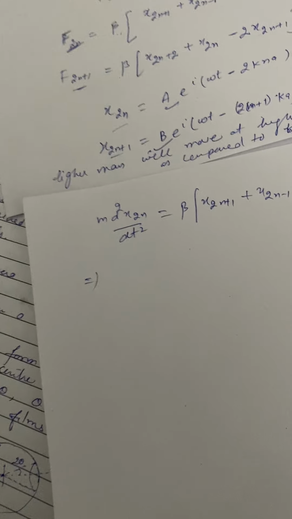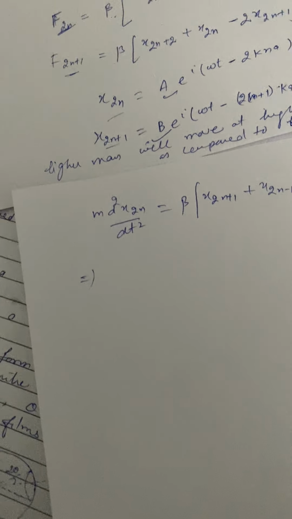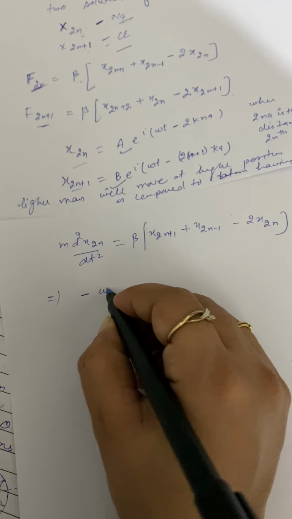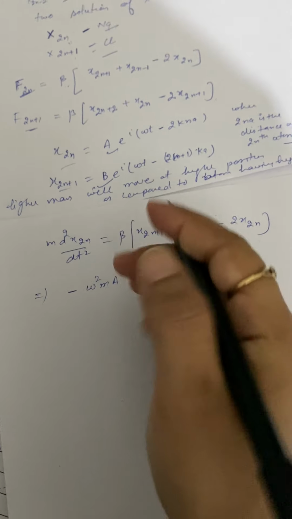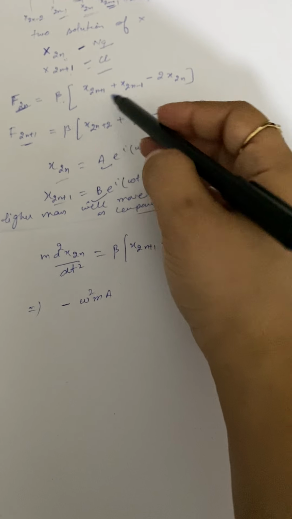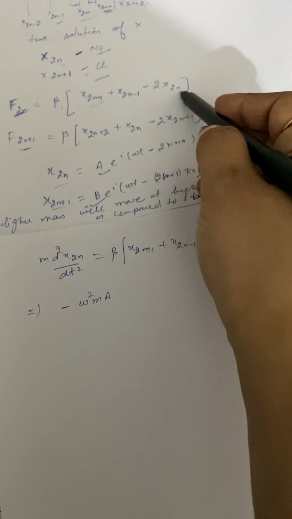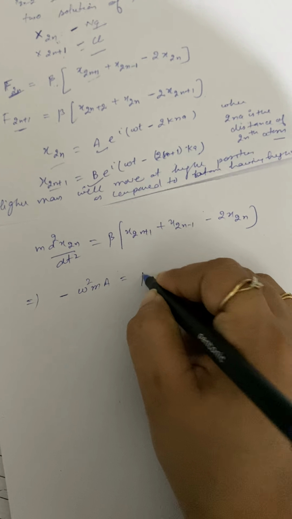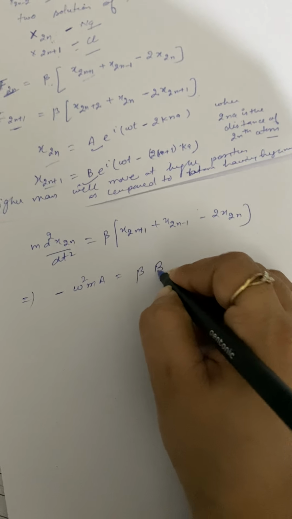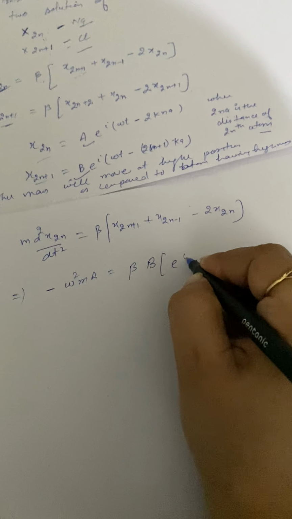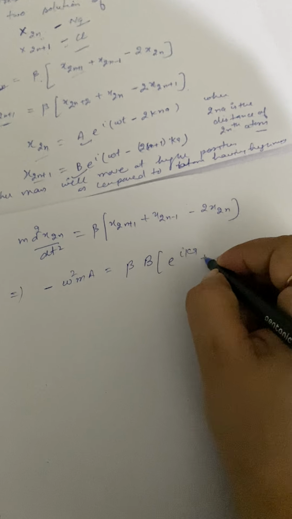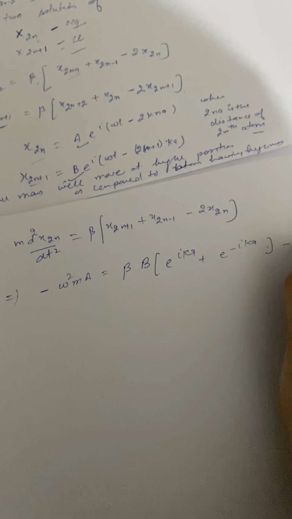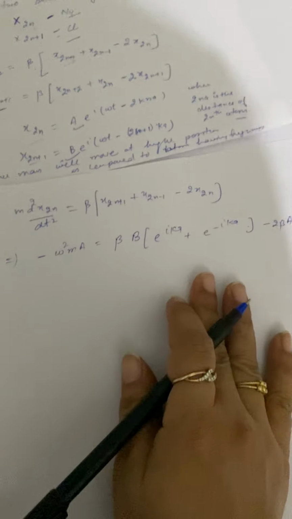We will reach the point by cancelling all the terms. After putting the values of x2n plus 1 and x2n, we will get omega square M a equals beta b, exponential iota ka plus exponential minus iota ka, minus 2 beta a.